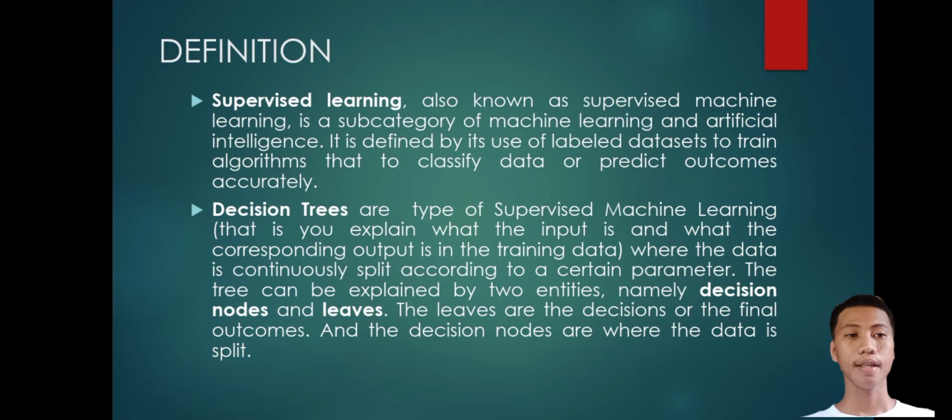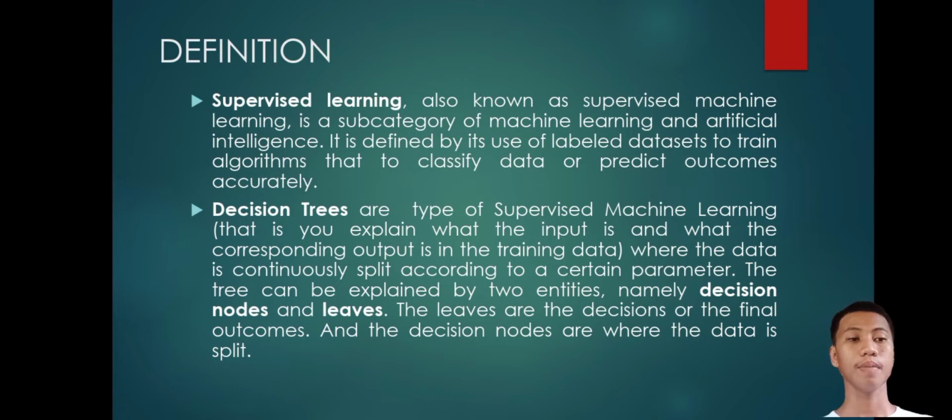Decision trees are a type of supervised machine learning where you explain what the input is and what the corresponding output is in the training data, and the data is continuously split according to a certain parameter.